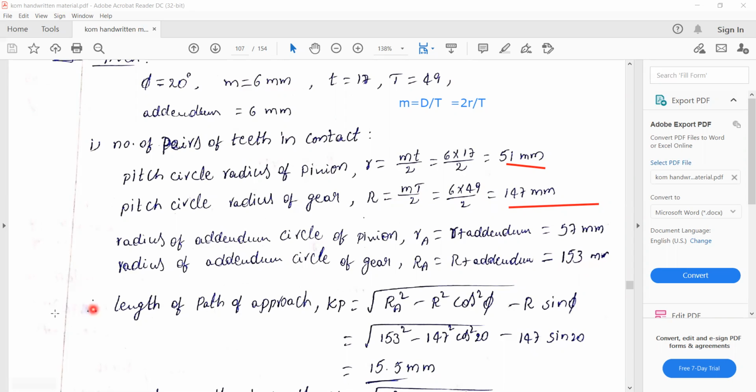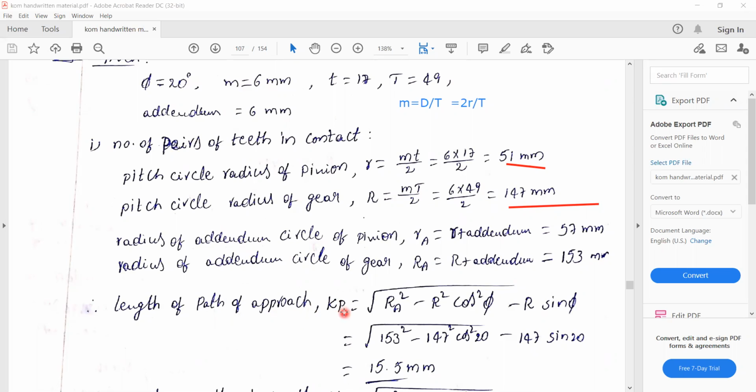When we know the pitch circle radii of the pinion and gear wheel, and the radii of the addendum circles of the pinion and gear wheel, we can simply find the path of approach, path of recess and path of contact. What is the path of approach formula?